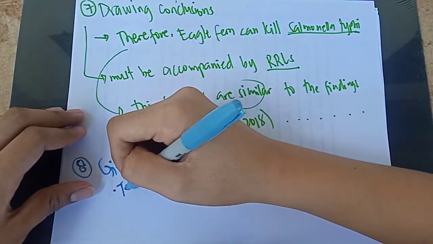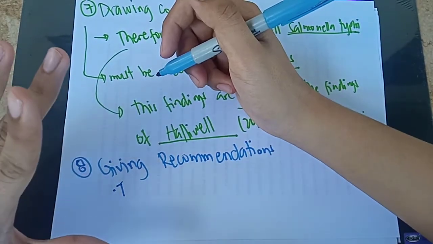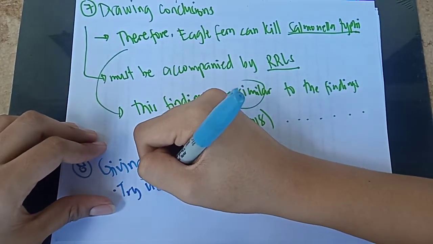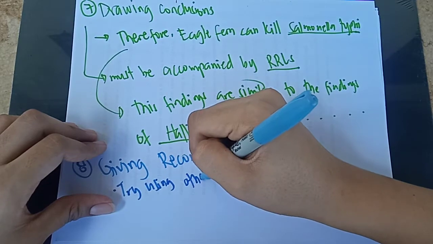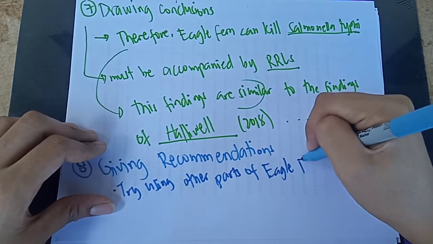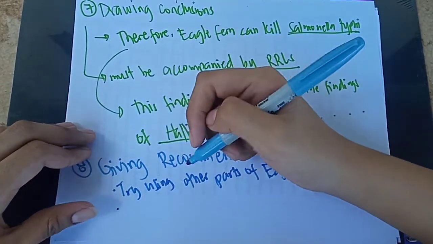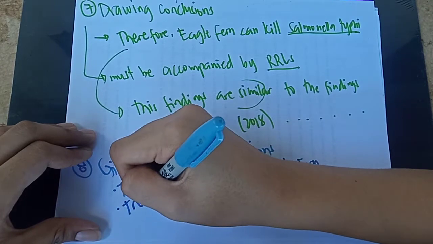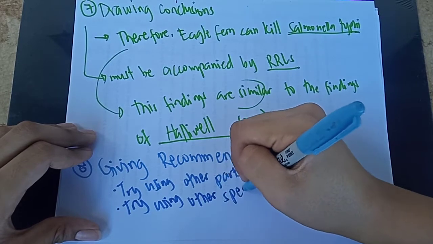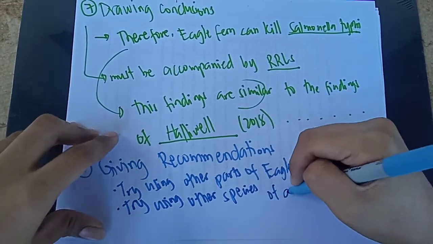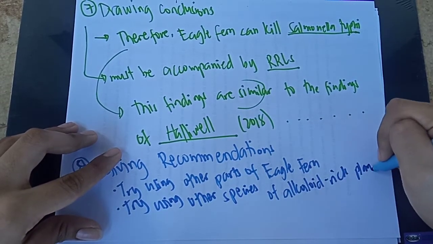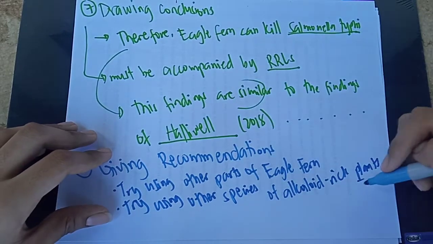Let's say that in our discussion, we tried to use the eagle fern leaves. So, we can recommend that you try using other parts of eagle fern. Next, another recommendation would be to try using other species of alkaloid-rich plants, or other plants with alkaloids.